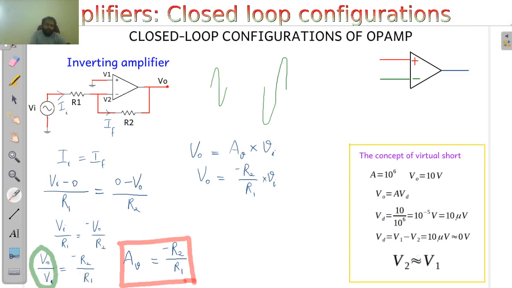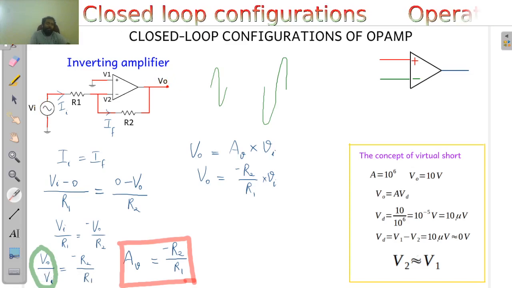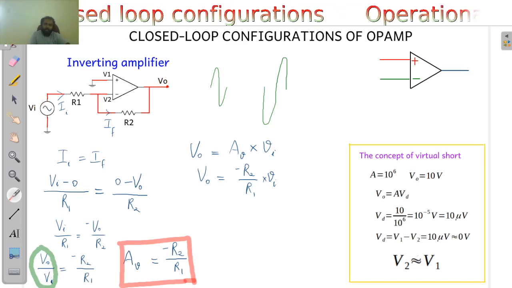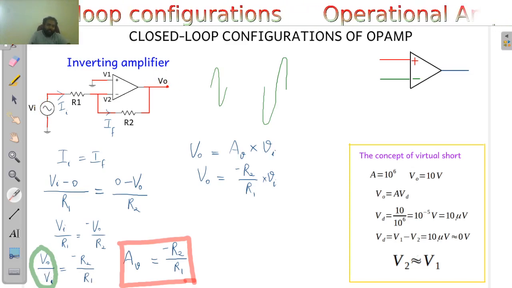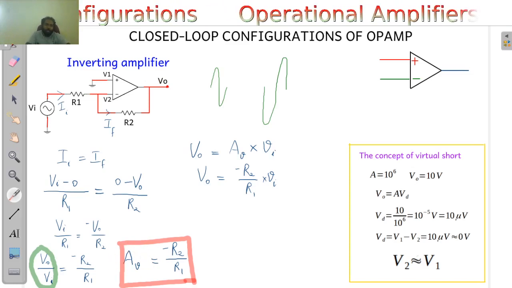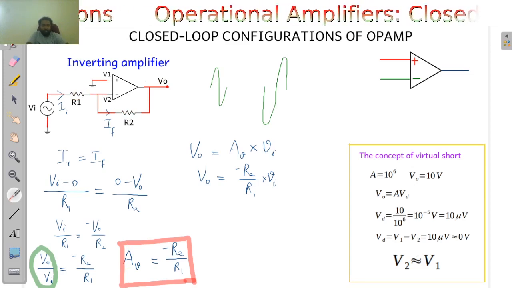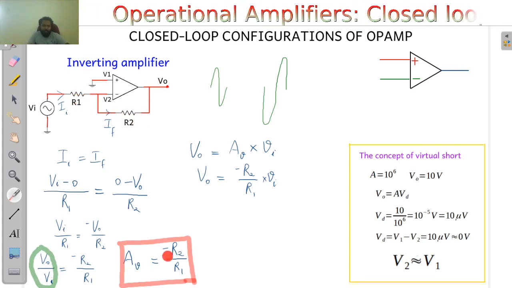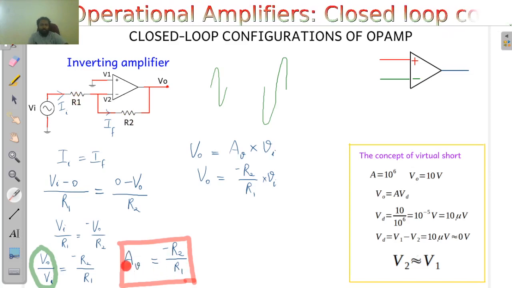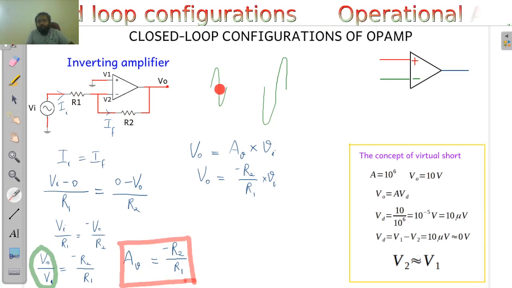So that is your input. What is the ratio between the output and that input that you are going to give, the voltage ratio, that determines the closed loop voltage gain. Okay, and that is fixed by this ratio R2 and R1, minus R2 by R1. So that determines the closed loop voltage gain. And that's all with the inverting amplifier.